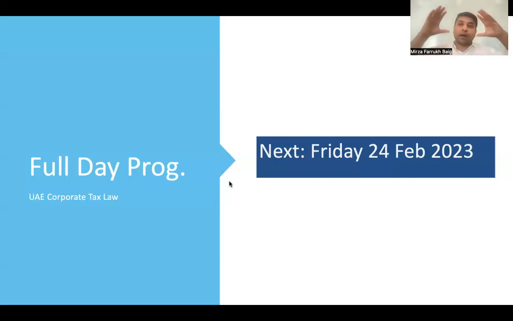So all this will require an adjustment, and then finally you can arrive at your taxable income, for which the first 375K would be 0%, and the excess would be taxed at a flat rate. Afterwards you also have the option to adjust the tax paid in a foreign jurisdiction.